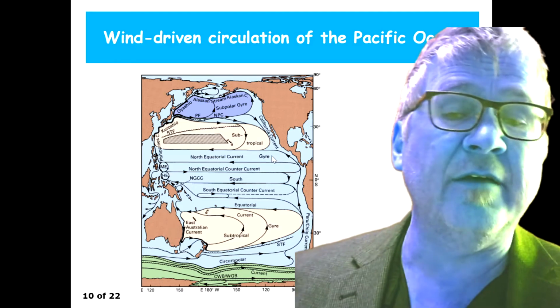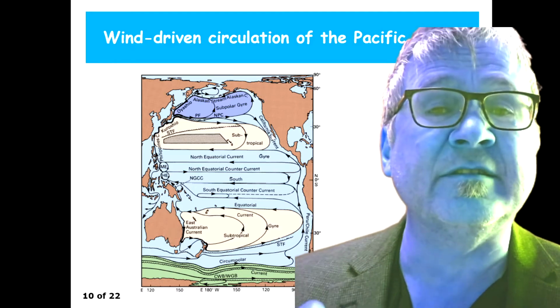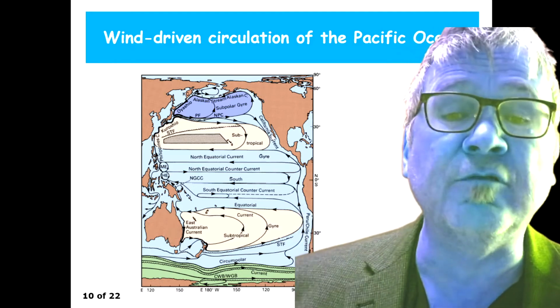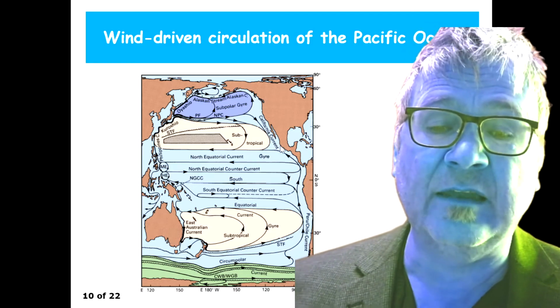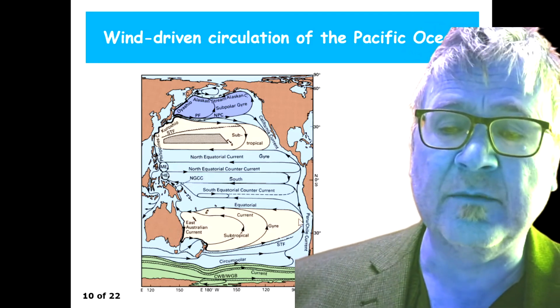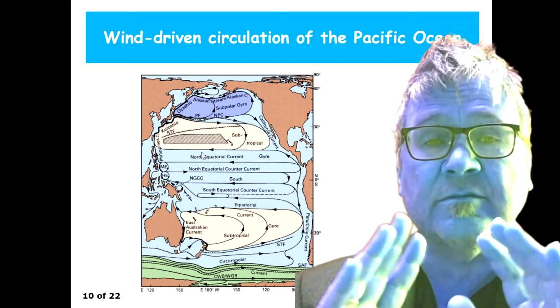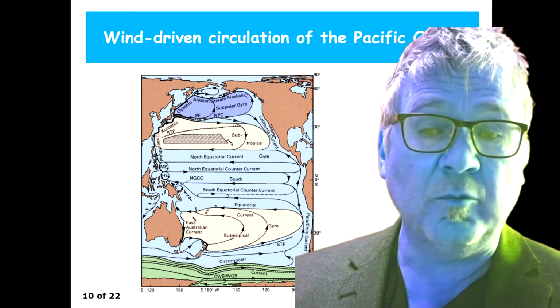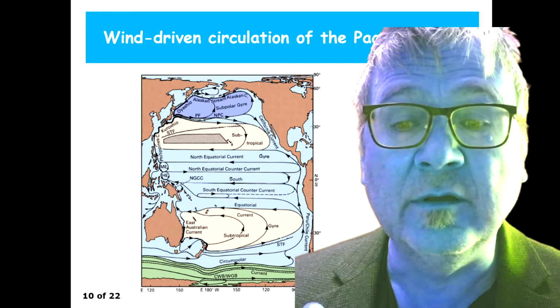On the eastern side, we have current systems which are created or influenced by coastal winds. The California Current, the Peru-Chile Current here in the southern hemisphere. Near the equator, it gets really complicated because we have countercurrents.